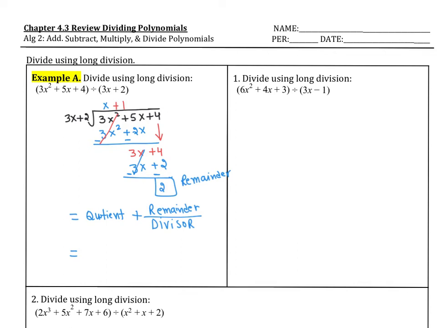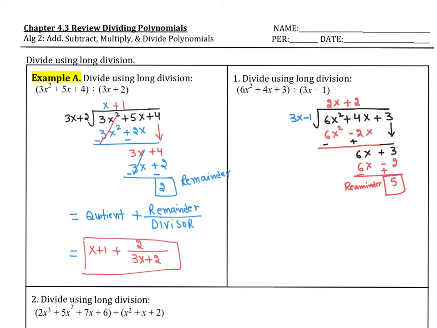So we write down the quotient x plus 1, plus the remainder 2 divided by the divisor, x plus 2. So that's going to be your answer when you divide 3x squared plus 5x plus 4 by 3x plus 2.